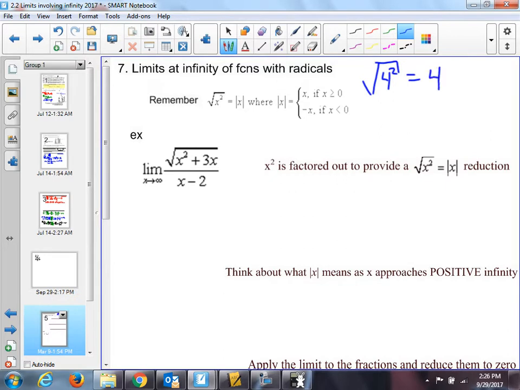Now, I'm going to give you this, though. What is the square root of negative 4 squared? You're not really going to square it out and say 16 and then take the square root, but you'd say it's 4 as well, right? Because that's what you get if you take the square root of 16.